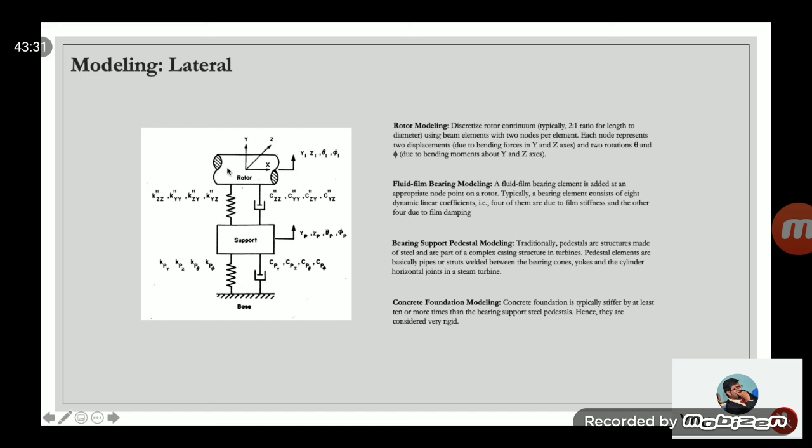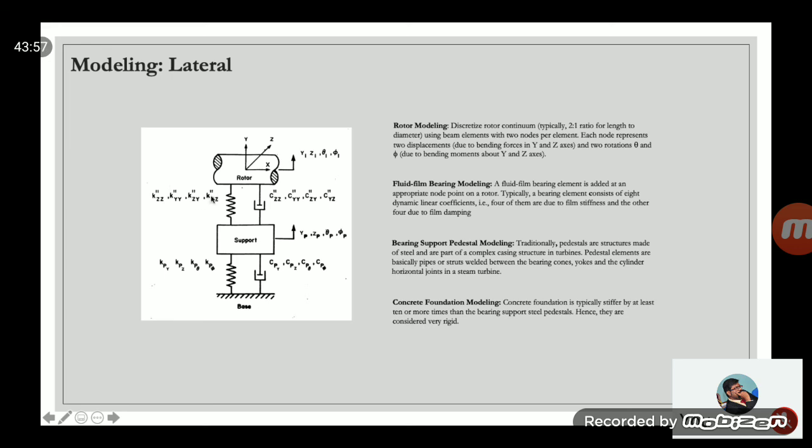So this rotor is supported on fluid film bearings. Fluid film bearings have stiffness and damping, and the unique part of fluid film bearings is that they exhibit direct stiffness in one direction, direct stiffness in the orthogonal direction, and cross coupled stiffnesses.